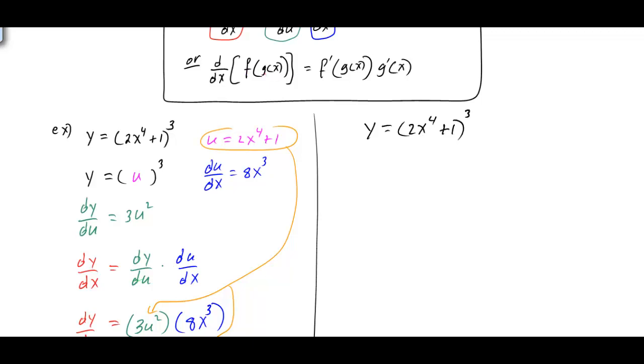Well, the g of x is the inside of our composite function. So the first step here says that the inside function is g of x, and the outside function is our function f.